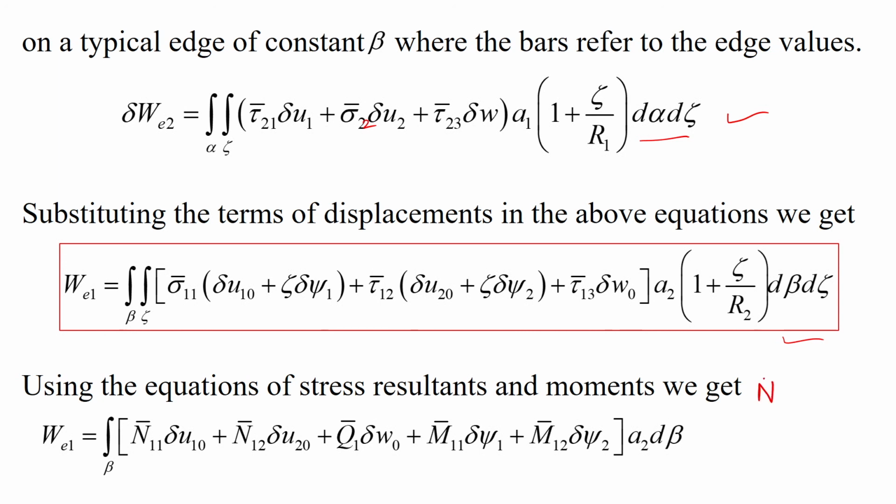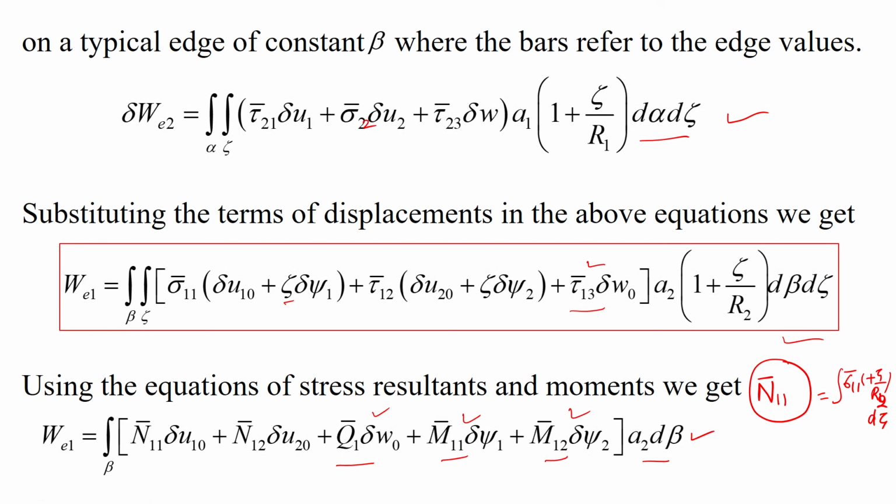similarly here, it is now denoted by N bar 11. N bar means the applied outside resultant. So, it is slightly different, but the same definition-wise, just with a bar. That will contribute N11, this will contribute N12, zeta times will give you M11 and zeta times will give you M22, and tau 13 will give you Q bar 1, A2 d beta.